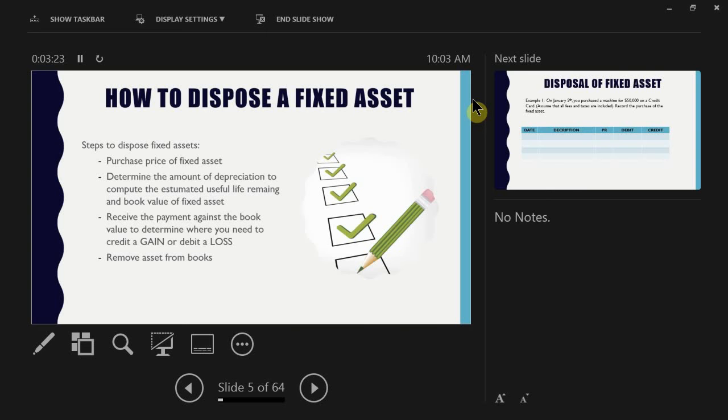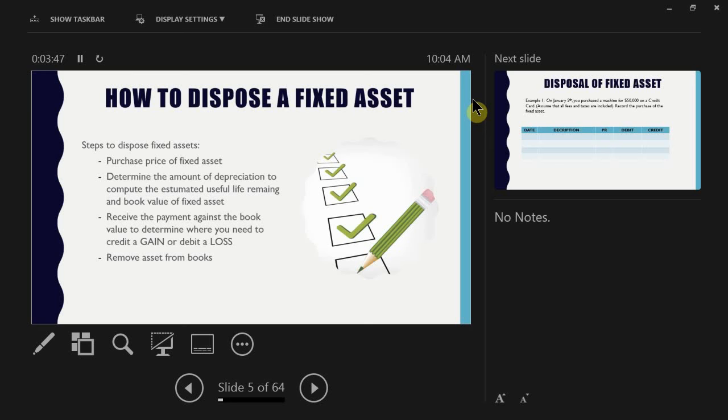And of course, you have to have the amount that you actually depreciated. Depending on when you do your depreciation, how long have you used it for? How much did you depreciate it over its life? Ultimately, when you do depreciate it, you end up calculating the book value.